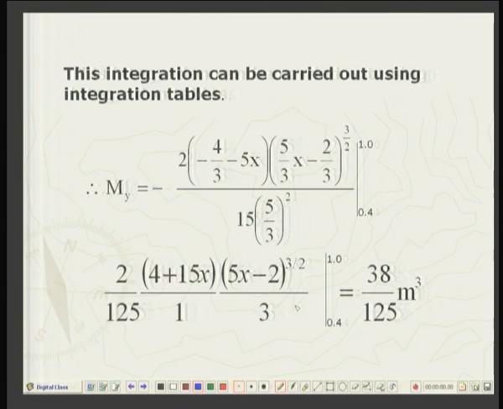So, you can get the result from the integration tables, and this will be the integration, and again we substitute the lower limit and upper limit, and after little calculations, we get the first moment about y axis as 38 by 125 meter cubed. So, we have calculated area, first moment of area about x axis, first moment of area about y axis.